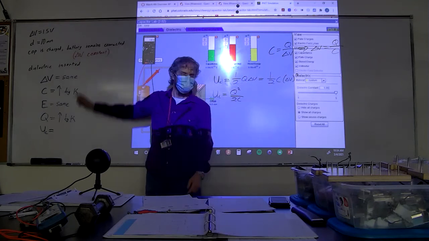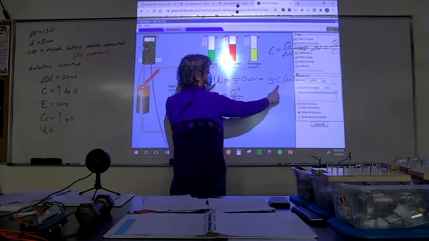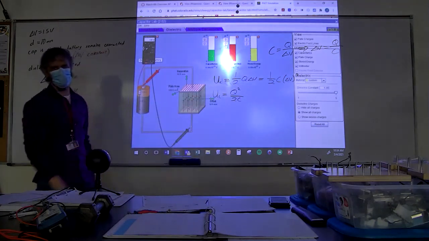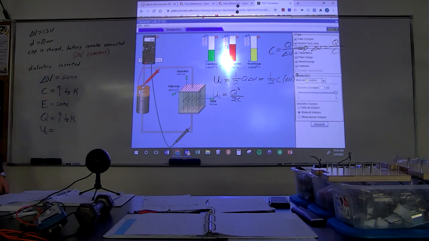Delta V is constant. So if delta V is constant, and I know the capacitance will increase, then the stored energy will have to increase, by a factor of kappa.